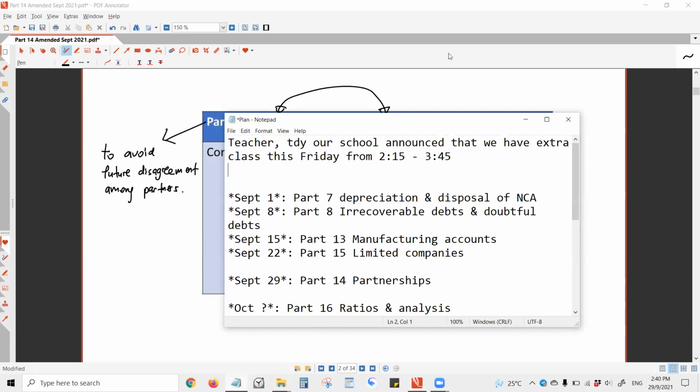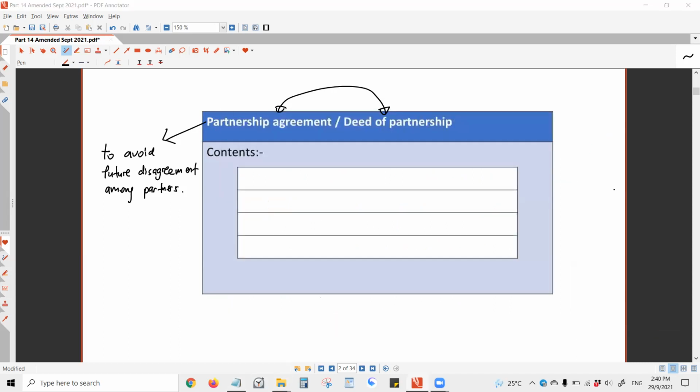Okay, so in a partnership, you must have an agreement, because when you work with other people together, who knows, somebody may become unreasonable.